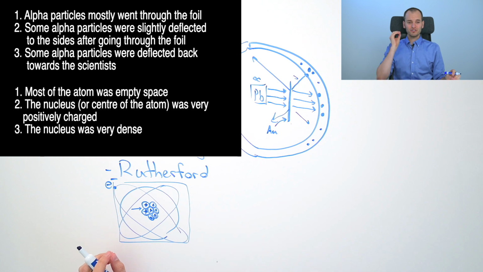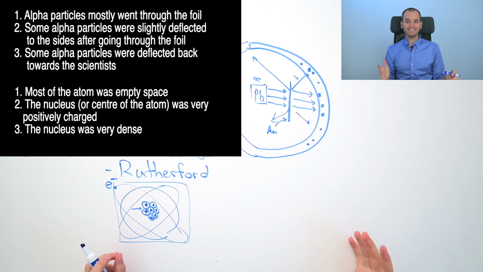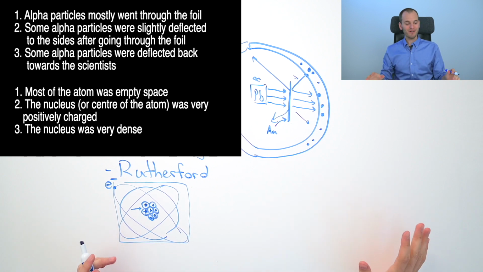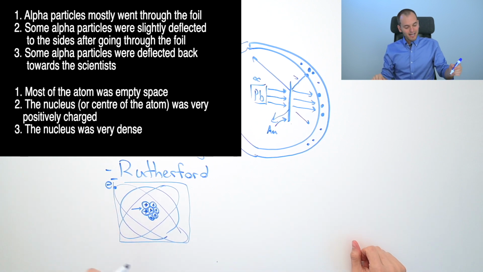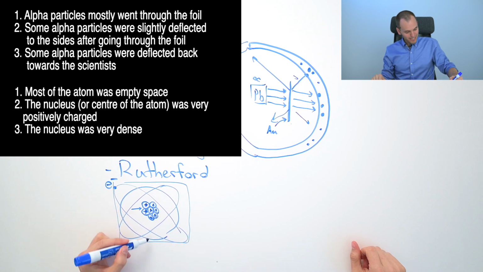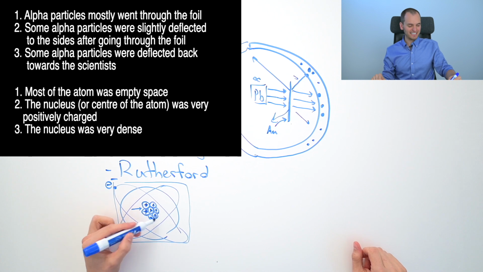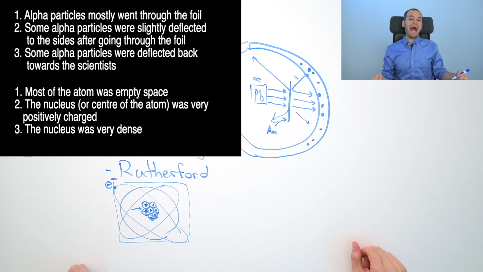This is because if you're shooting subatomic particles almost at the speed of light at a very thin sheet of gold, and some of them bounce back at you, it would be like shooting a cannon at a piece of paper and having a cannonball bounce back at you. So this was super puzzling and was not at all what they thought was going to happen. What that meant is that when the alpha particle hit this very positive and very densely packed area of the atom, it bounced back.